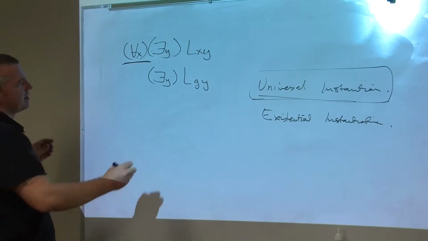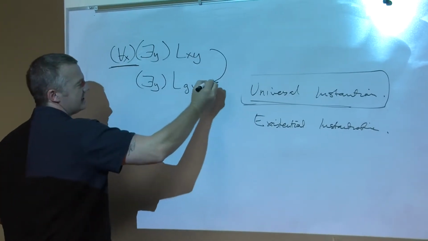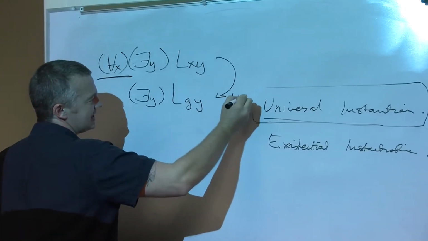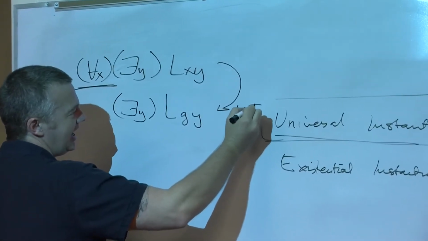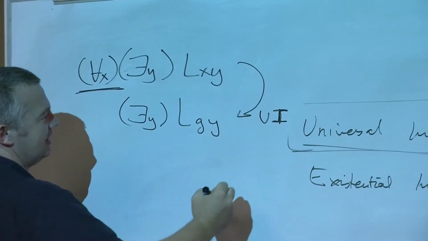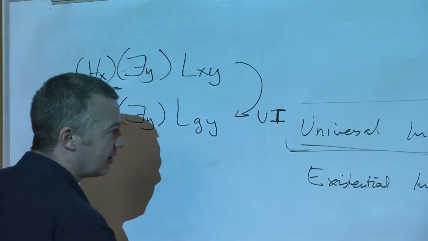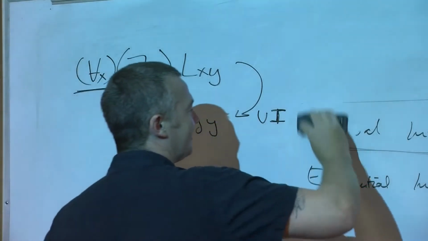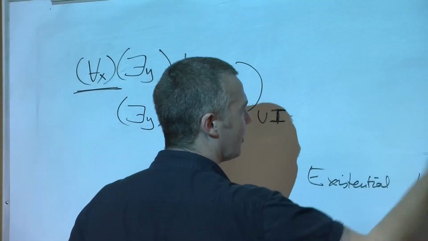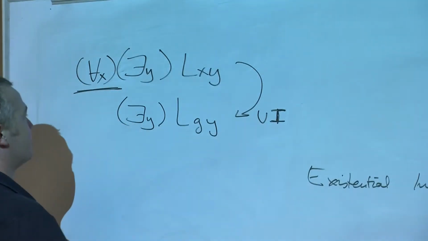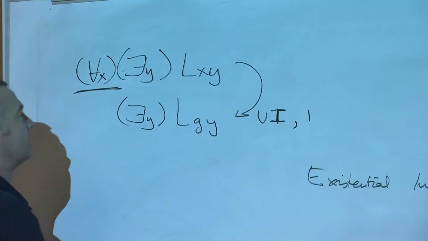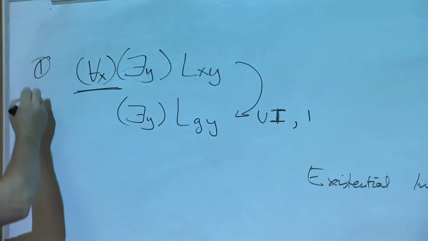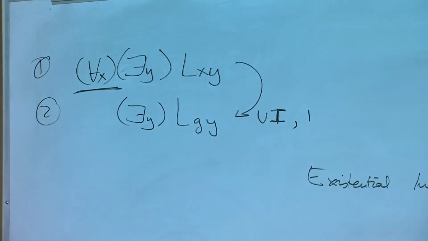Okay, so we got from here to here by universal instantiation. We're going to label it UI for short, and we'll say UI from line 1, labeling the source in the direct proof. Let's call this line 1, and this is line 2.